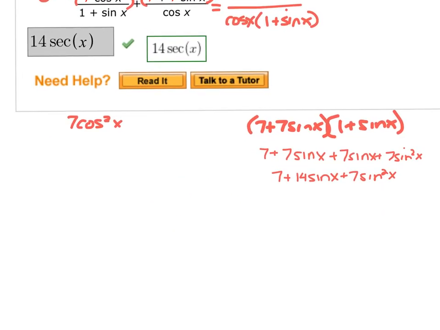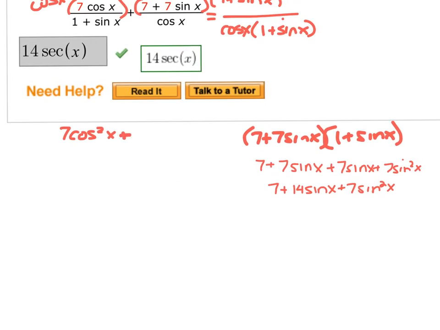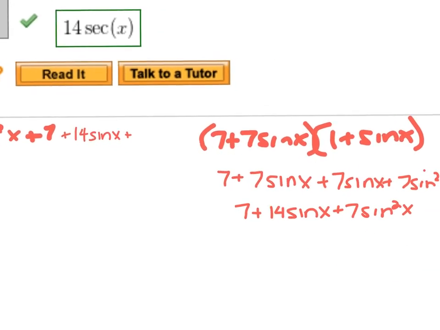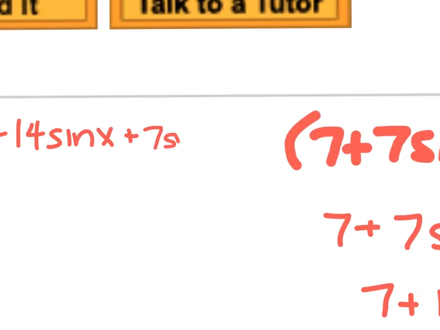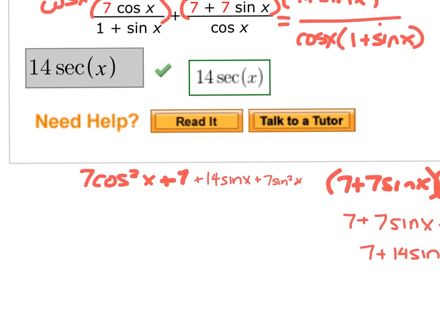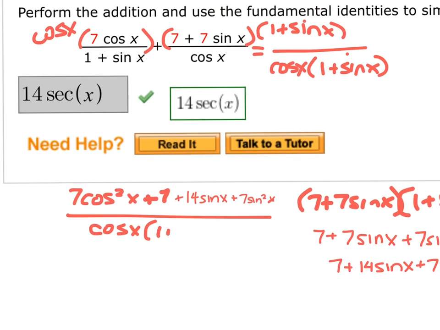And that's going to go with my 7 cosine squared x. And all of that goes over the denominator, which was cosine x times 1 plus sine x.